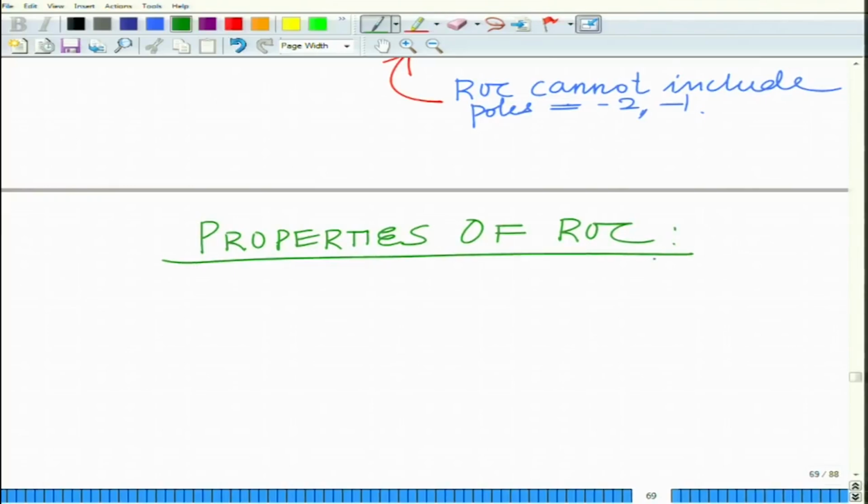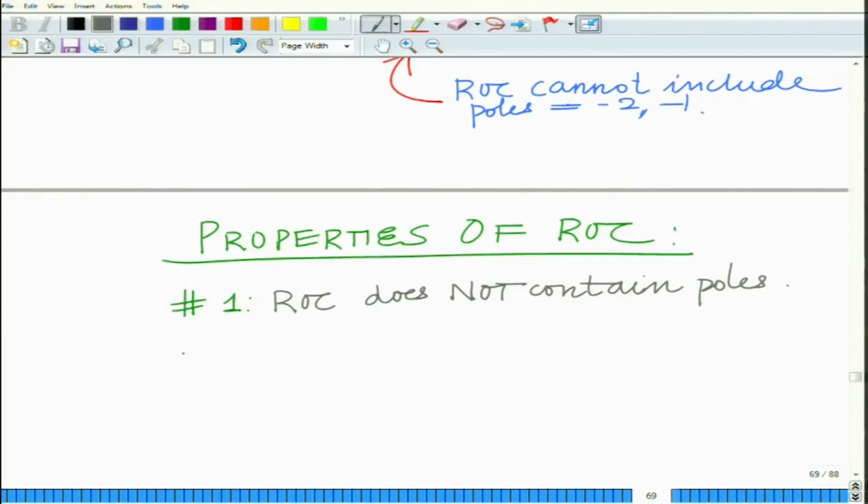The first property, as we have already seen, is that the ROC does not contain poles.